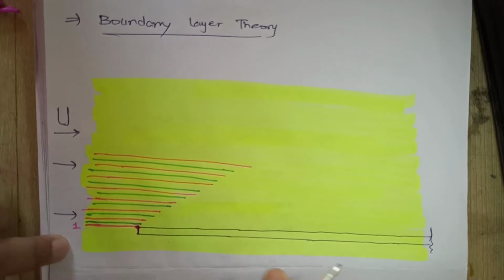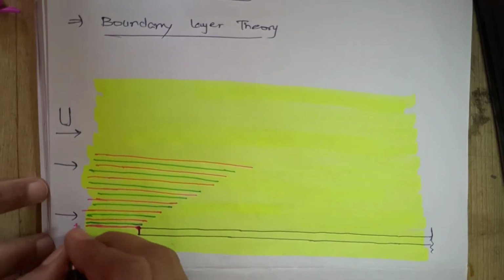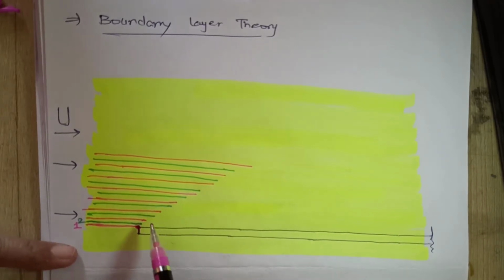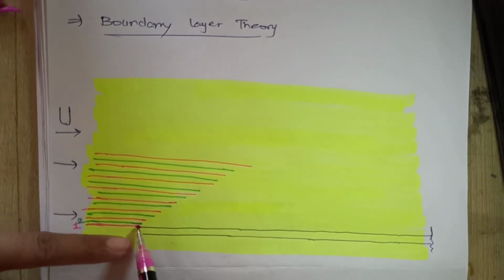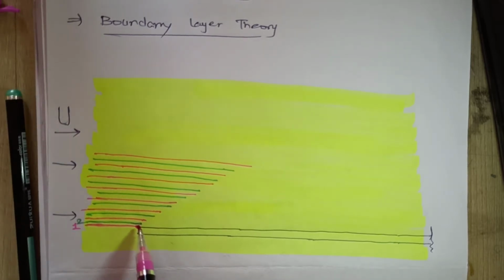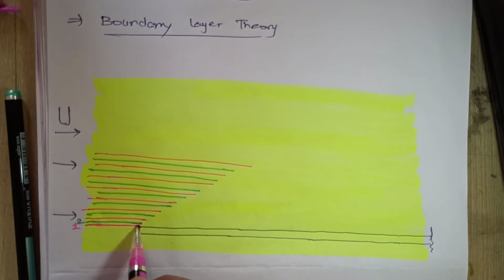The next layer 2 was moving along the layer 1, and as layer number 1 stopped here, layer number 2, as it reached near the horizontal plate, came into the vicinity of this unmoving layer number 1, and therefore the velocity 0 was imparted to layer number 2.